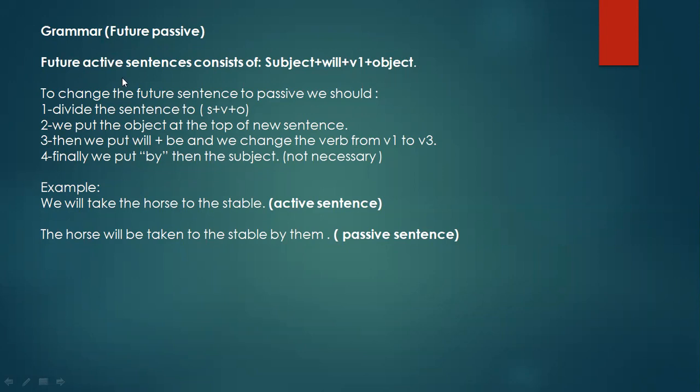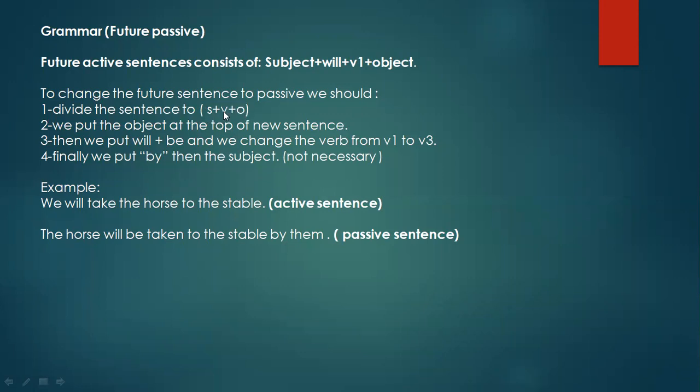To change the future active sentence to a future passive sentence, we should do these 4 steps. The first step is to divide the sentence into subject, verb and object.